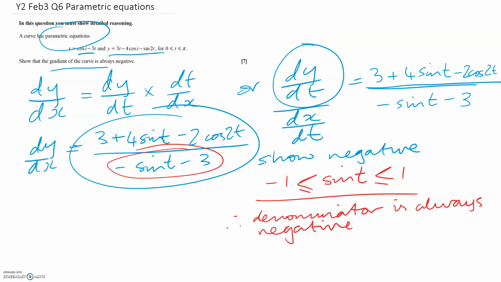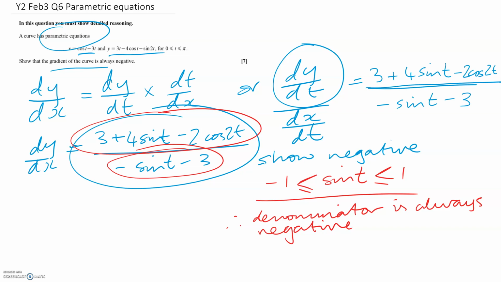So the question now is, how are we going to prove that the numerator is always positive? Well, that's a bit more awkward. Looking at this numerator here, how are we going to show that it is always positive? It doesn't look obvious from the question, does it?